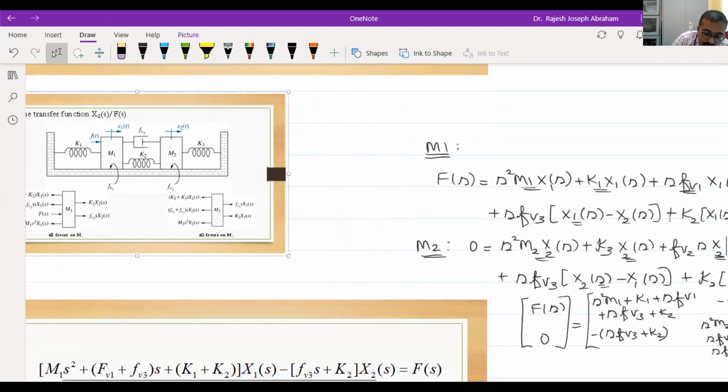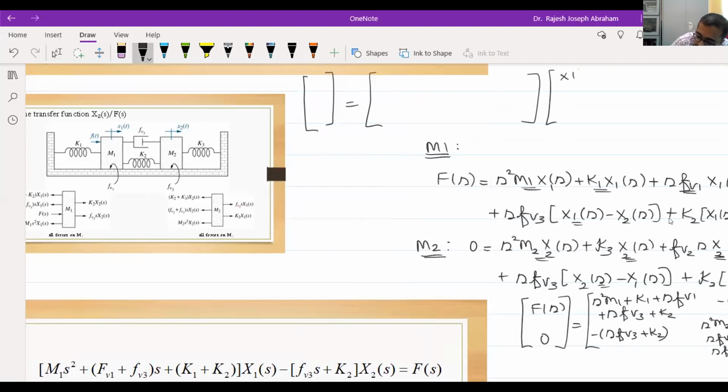So what you have to do, there are two masses, so your matrix will be of the order 2 by 2. Force is equal to a 2 by 2 matrix into x1 of s, x2 of s. Mass m1 has an applied force f of s, and mass m2 has 0. What will be the first element?